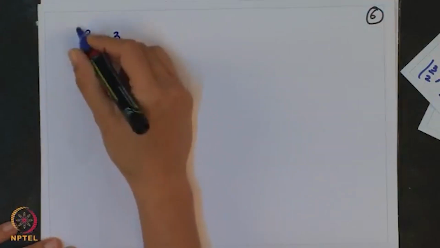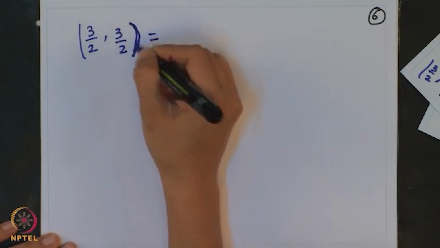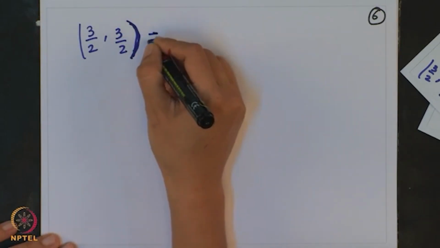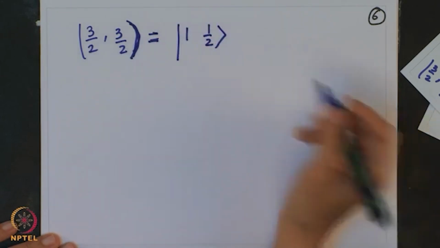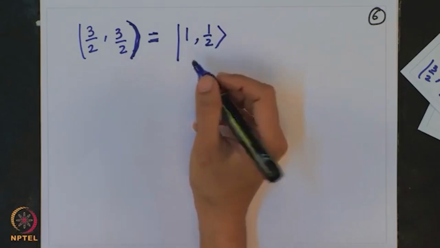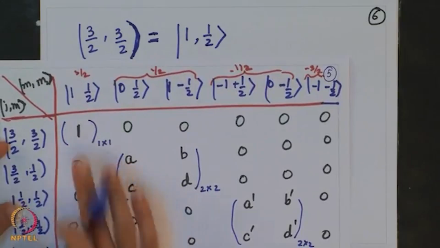Coming back to the evaluation part, the first term you have seen here, that is 3 by 2 comma 3 by 2, is the coupled basis, and you can write this in terms of the uncoupled basis, correct. So, this is what we have, this is 1. From the table I can write this, agreed, correct.